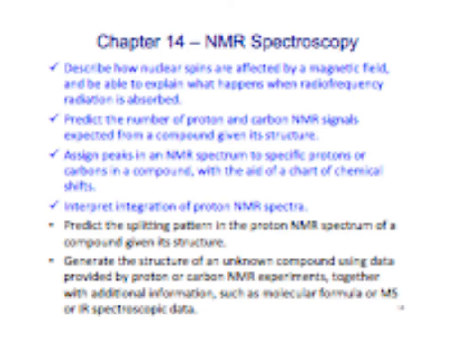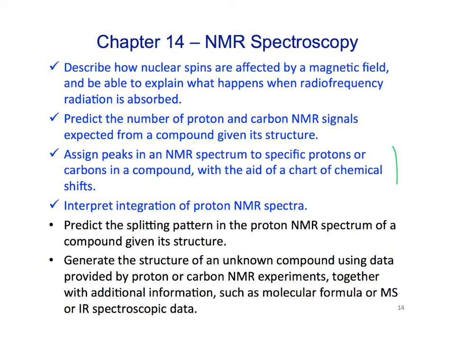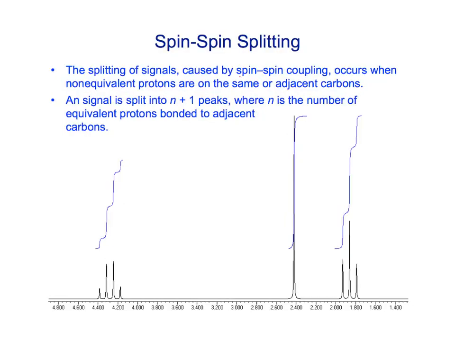Okay, so we've done chemical shifts, we've done integration. The next thing that we want to do is to talk about splitting. The splitting, so the fact that some of these peaks are more than one, is caused by what's called spin-spin splitting. And it occurs when non-equivalent protons are on either the same or on adjacent carbons.